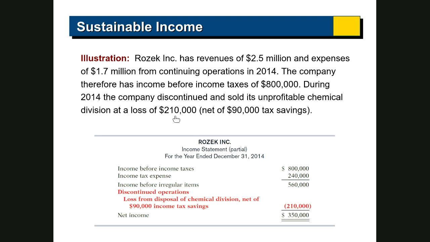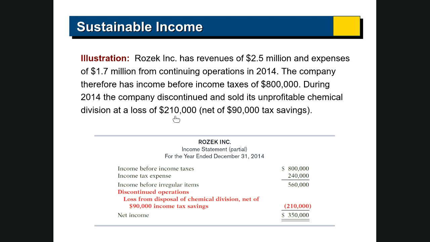Are you following? So when this number shows net of 90,000 income tax, it's 210,000 net. So they had a loss of 210,000 net of tax from the discontinued operation during that year.